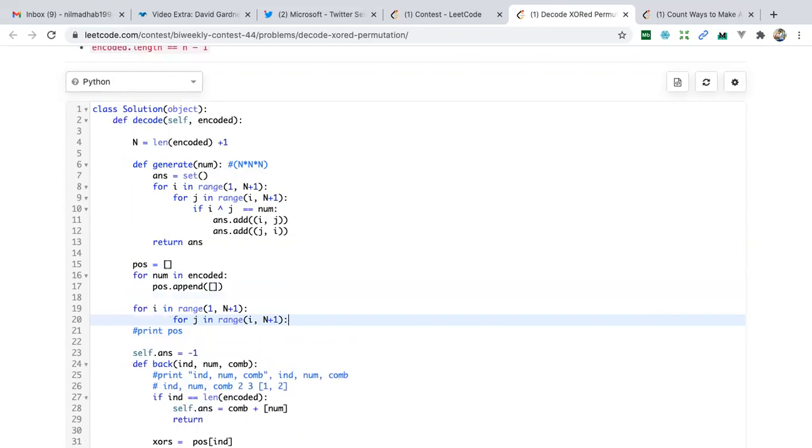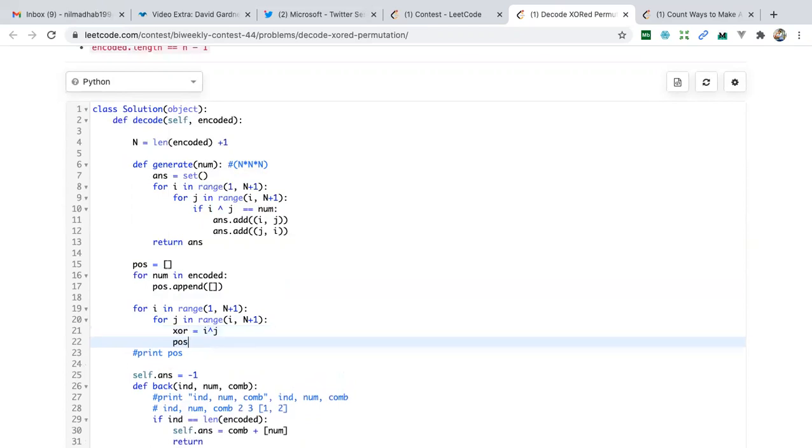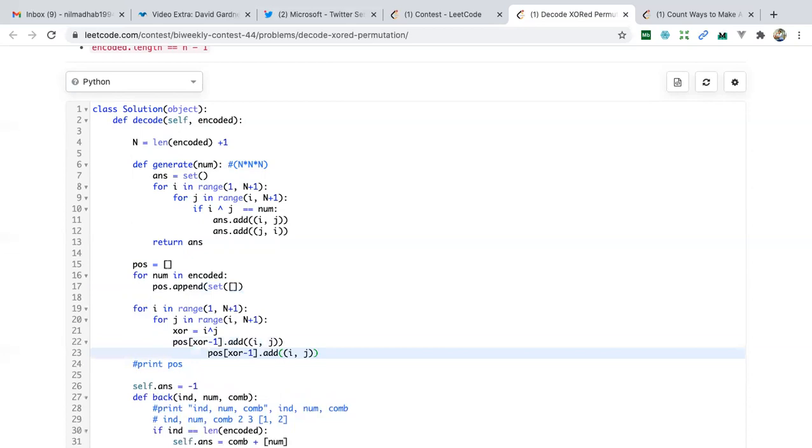So for i in this and j in this position, the XOR will be i XOR j, right? And position XOR minus 1 will be a set, and dot add, like we're just doing it only once. Does it make sense?